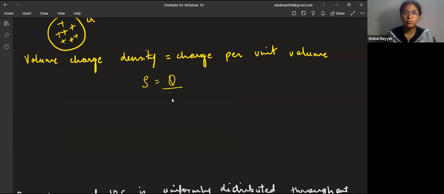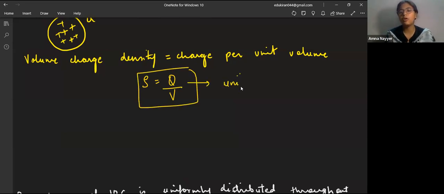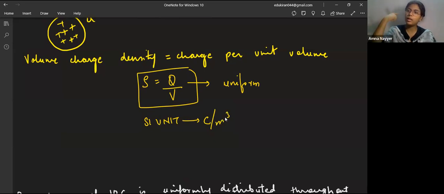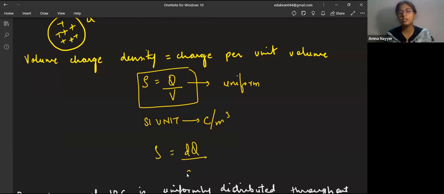So this becomes Q by V. Again, the same repetition: this is for uniform. And what will we write as the SI unit? SI unit will become coulomb per meter cube. Coulomb per meter square, coulomb per meter cube. And again, if this is non-uniform, it is dq over dv. This is for non-uniform.